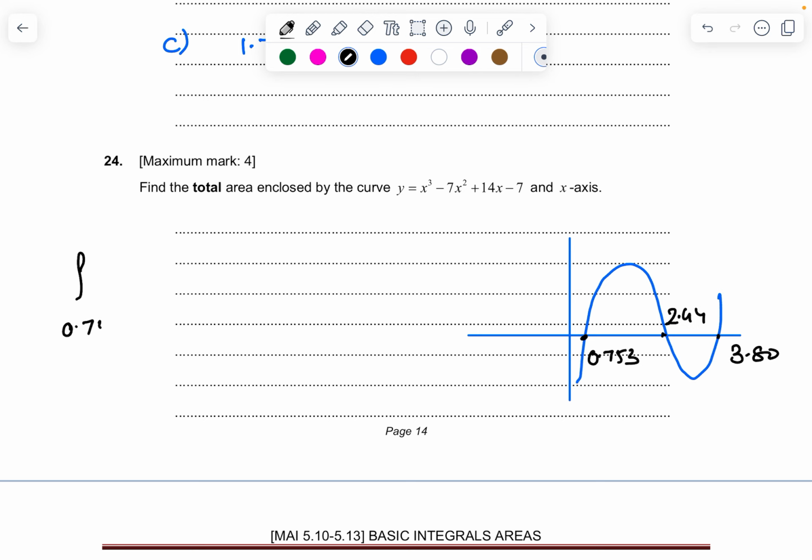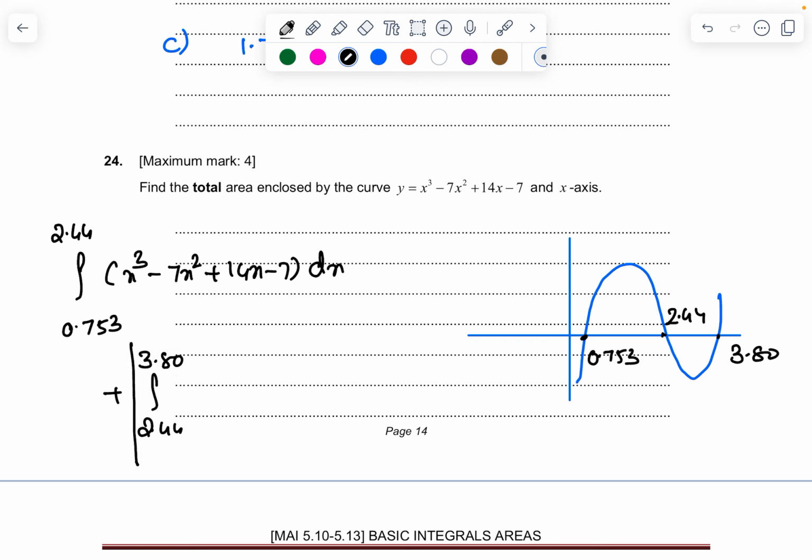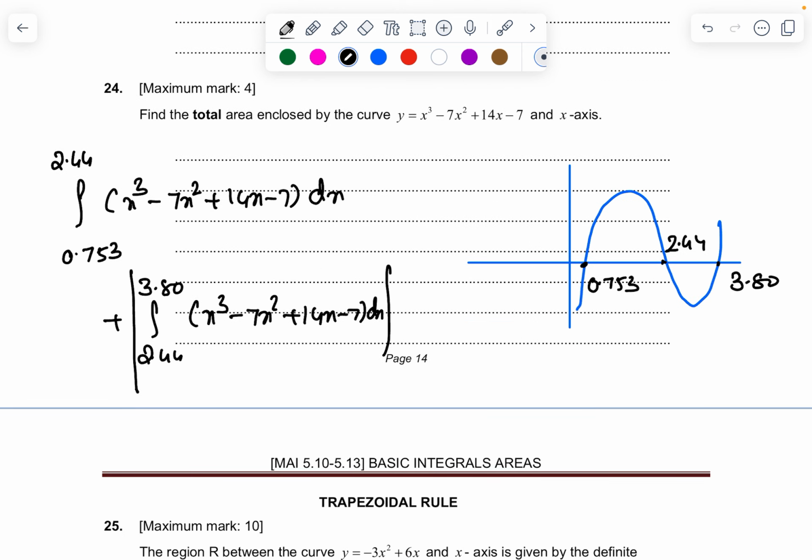From 0.753 to 2.44, x cube minus 7x square plus 14x minus 7 dx. Then from 2.44 to 3.80, though you get negative, you should use the absolute value of x cube minus 7x square plus 14x minus 7 dx.